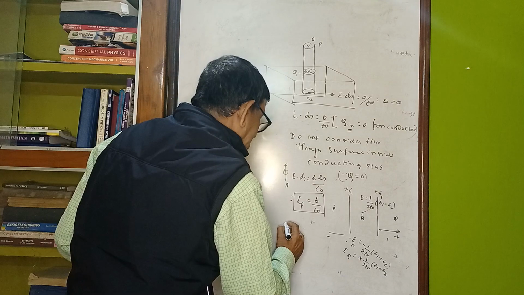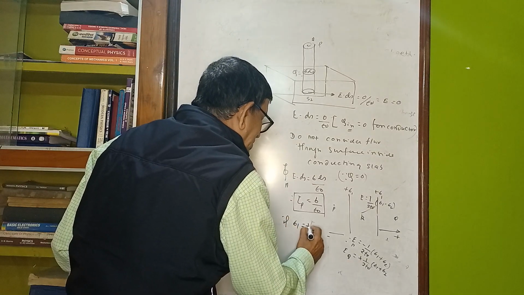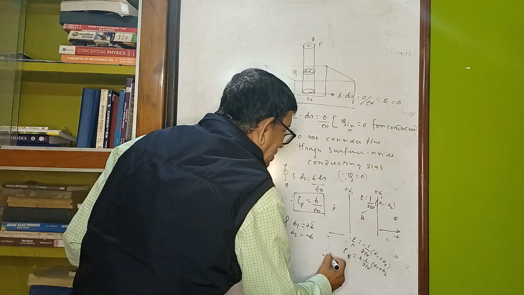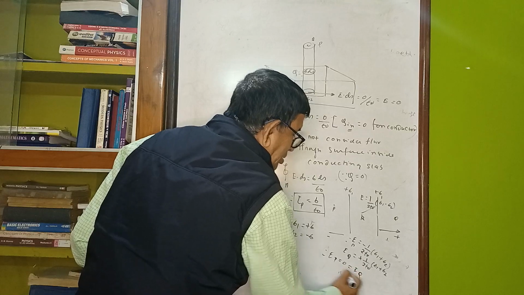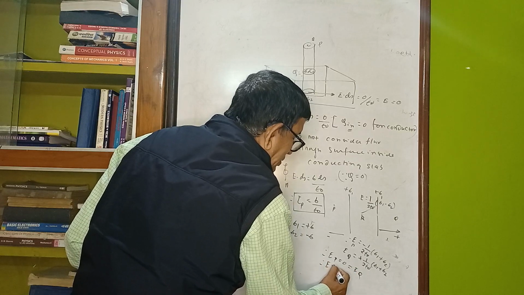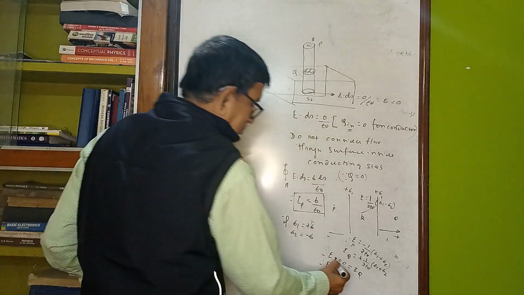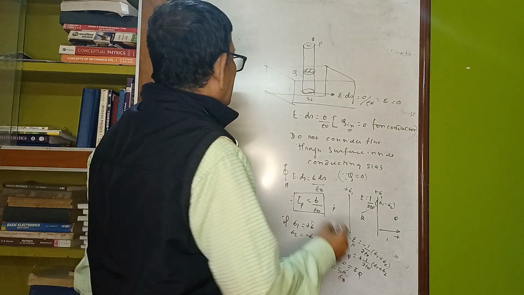But if sigma 1 equals plus sigma and sigma 2 equals minus sigma, then EP will be 0, EQ will be sigma by epsilon naught, and ER will be 0. That is very important.